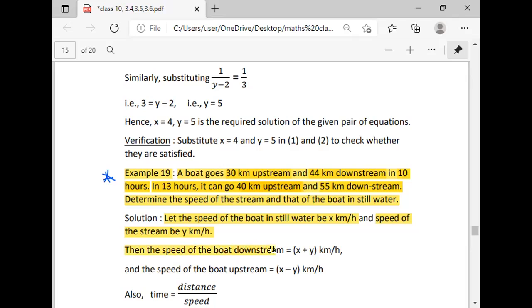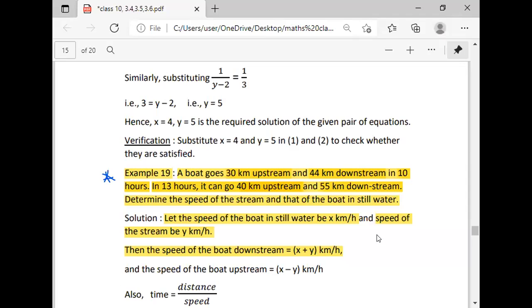Then the speed of the boat downstream is equal to x plus y kilometer per hour. What is x? x is the speed of the boat in still water, and the speed of the stream is y. So for the speed of the boat downstream, I told you earlier that the speed increases.